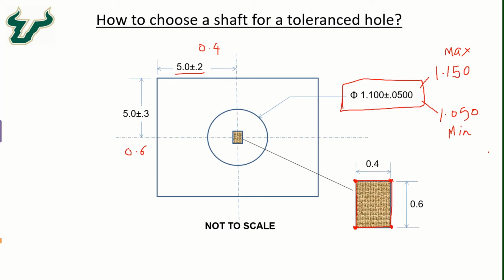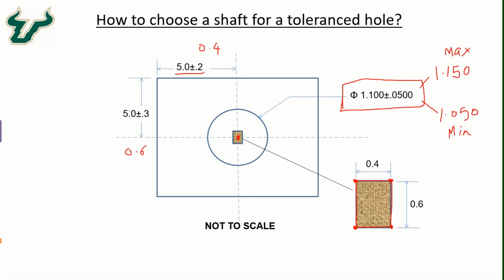So we need to find out what will be the maximum dimension of the shaft that will always pass through the center of this rectangular plate. In order to have a perfect alignment, we have no choice but to pass the shaft exactly through the center of this plate. But we really have no control over where the hole will be created with its center, and what would be the dimension of the hole.